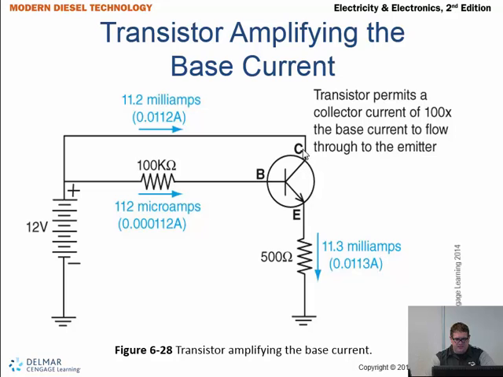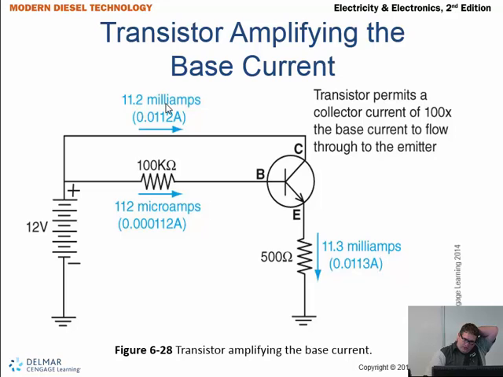So in this case, we have our collector, our base, and our emitter. And here is what our base current is. I'm sorry, I said that incorrectly. Let me back that up.